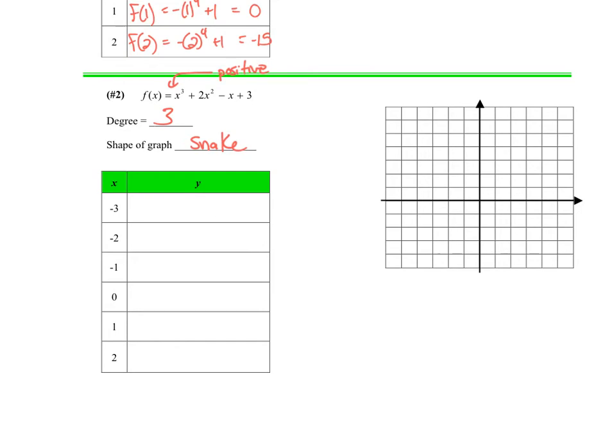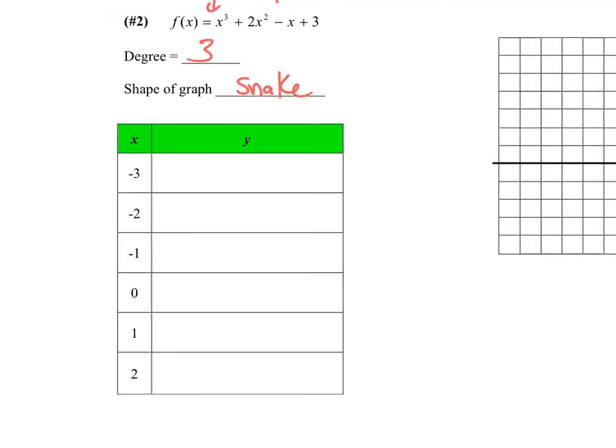So if we make our table and plug in our numbers, if it's -3, f of -3 is (-3) to the third power plus 2 times (-3) squared minus (-3) plus 3. And yes, I always put parentheses around this to make sure that I don't make any mistakes. Now you can just take your calculator, type this in, and you would get -3.